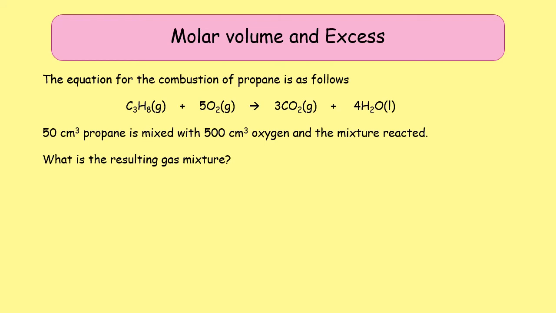Now, when it comes to excess questions, it's the exact same principle, but you're given a volume of each reactant. And you're then asked to work out what the resulting mixture is. Now, resulting mixture means products plus leftover reactants.